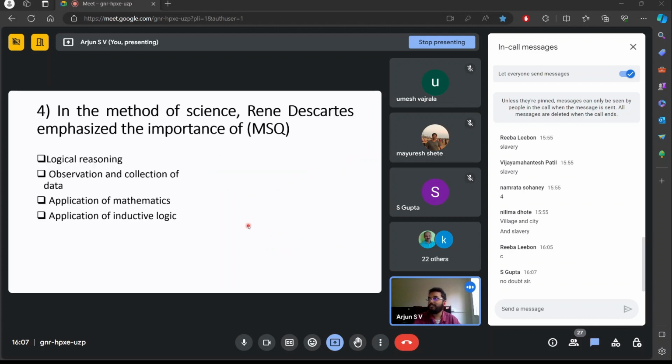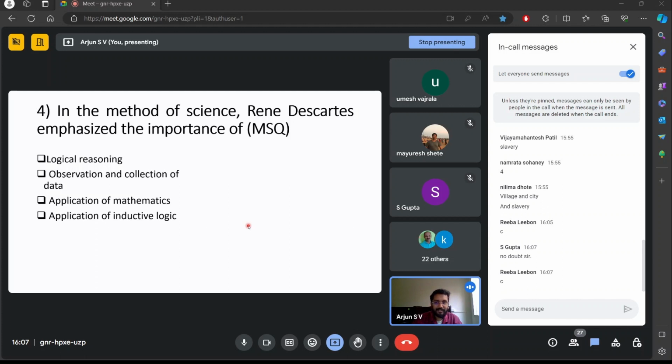In the method of science, Rene Descartes emphasized the importance of. This is also a very factual question. Once you skim through the videos, you will find out what it is. This is the advent of mechanical materialism, and Galileo, Francis Bacon, and Rene Descartes were the three main pillars or starting points of mechanical materialism.